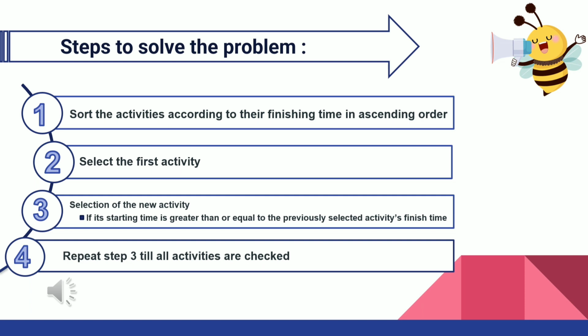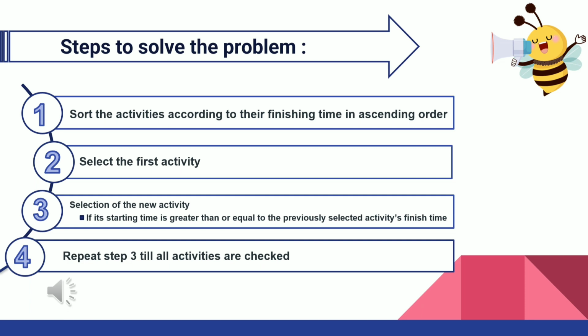Following are the steps we will be following to solve the activity selection problem. The first step is to sort the activities according to their finishing time in ascending order. The second step is to select the first activity. The third step is the selection of a new activity.